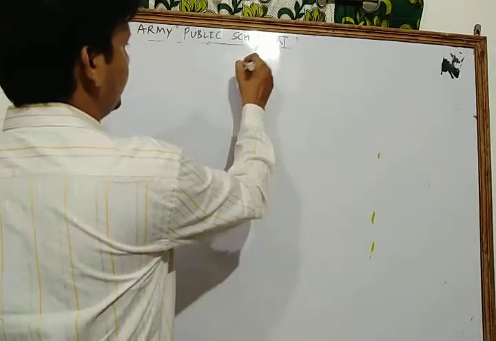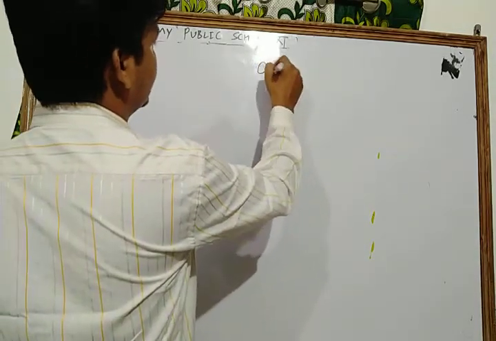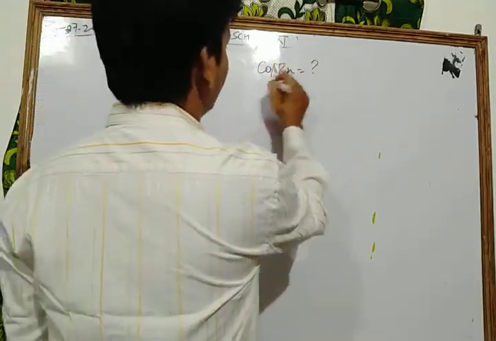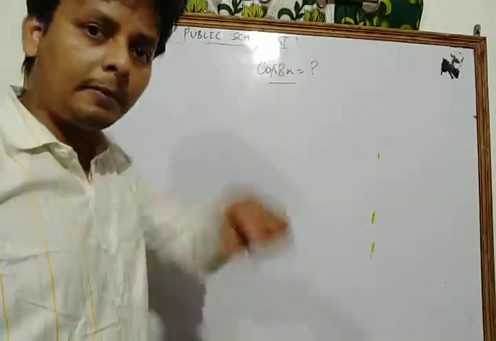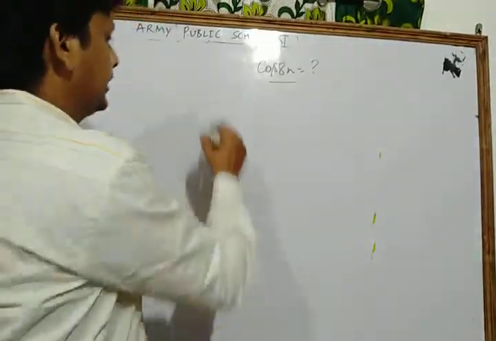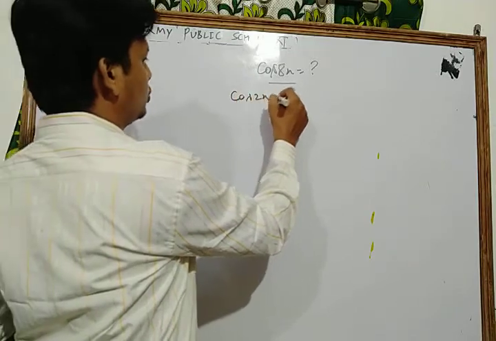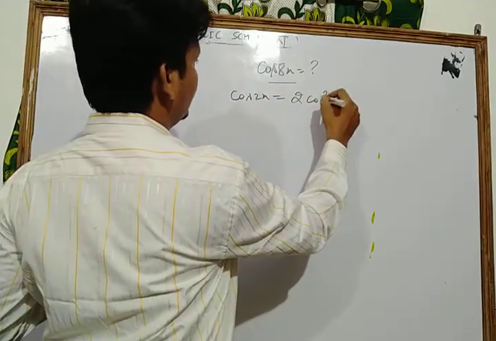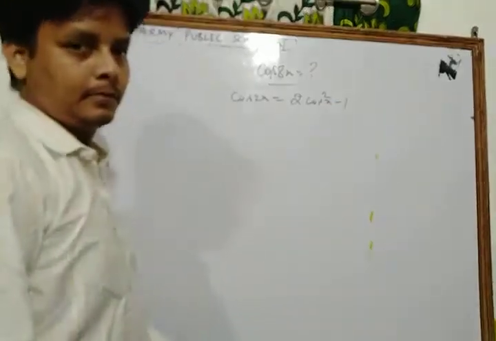Students, suppose we find the value of cos 8x. We find the formula for cos 8x. You know that the formula of cos 2x is 2 cos square x minus 1.